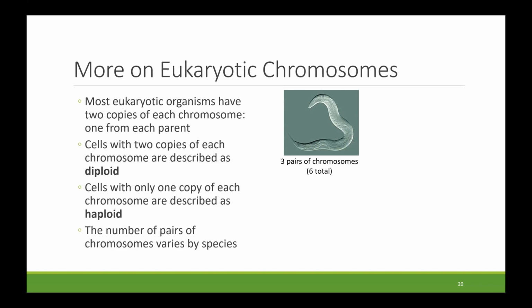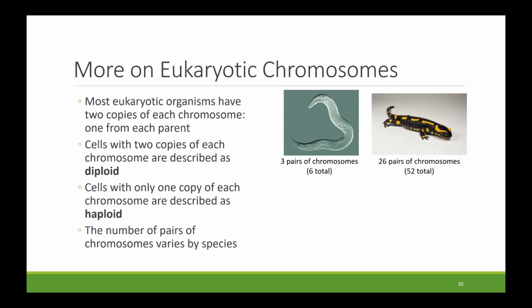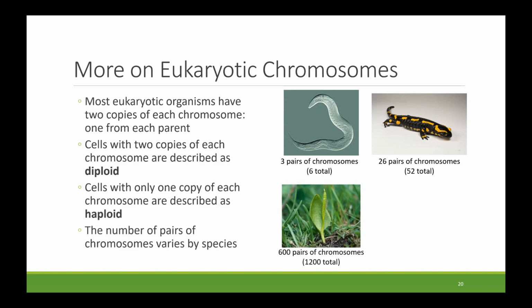So 3 came from its roundworm mom and 3 came from its roundworm dad. A fire salamander has 26 pairs of chromosomes, or 52 total. This adder's tongue fern has 600 pairs of chromosomes, or 1,200 total. 600 came from one parent and 600 came from the other.